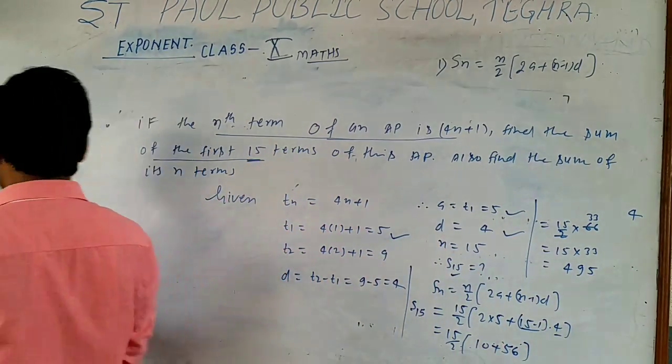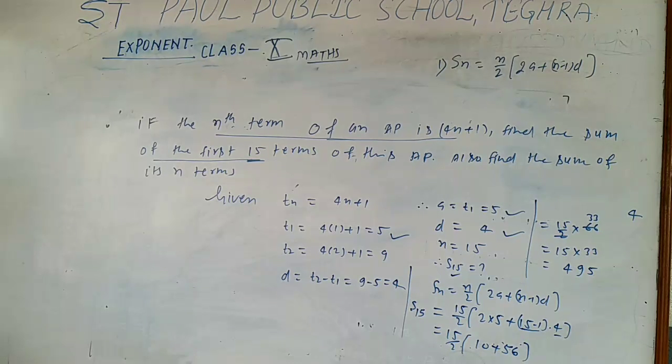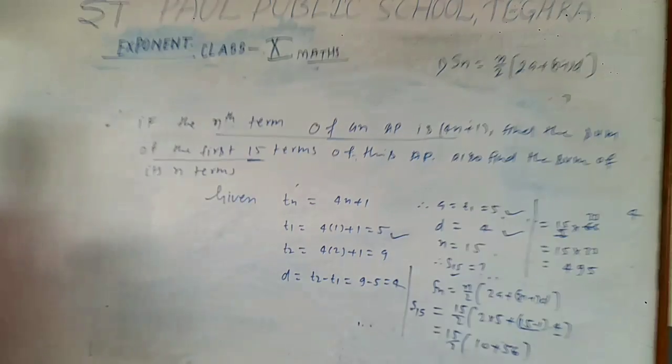This is the sum of the 15 terms. So we have to take proper care with the multiplication in this section, otherwise the answer will be wrong. You must take care about the calculation. This is your proper answer.